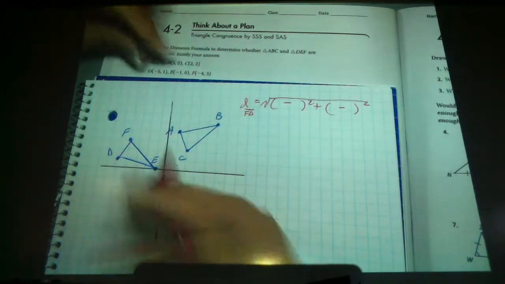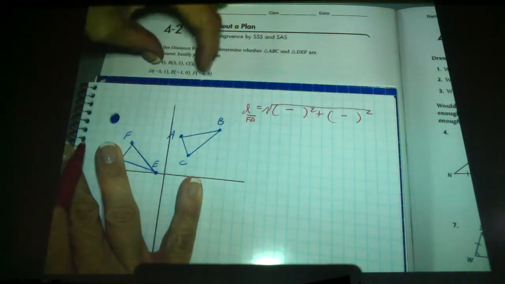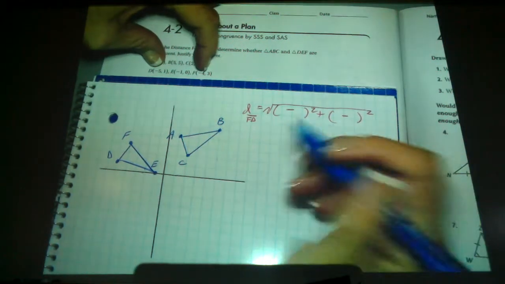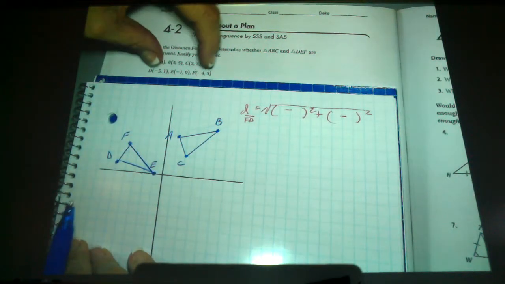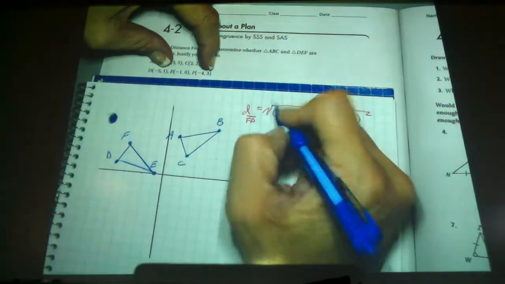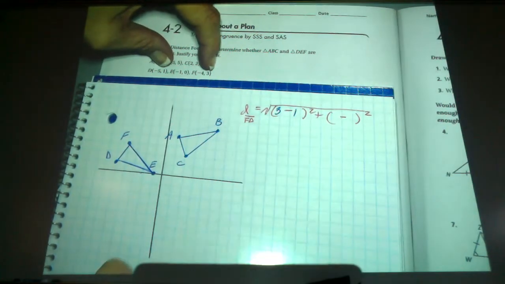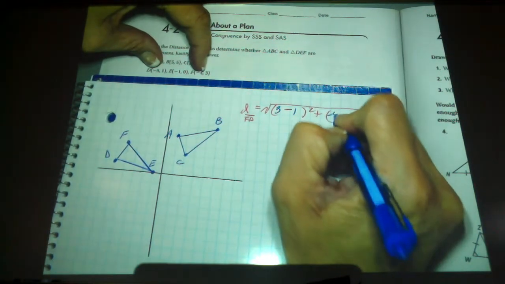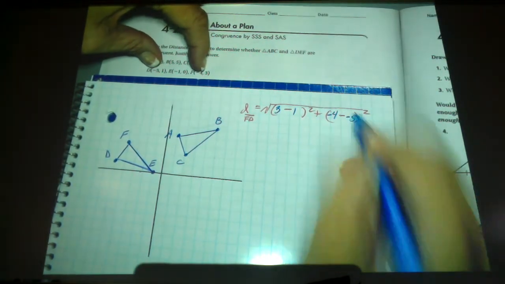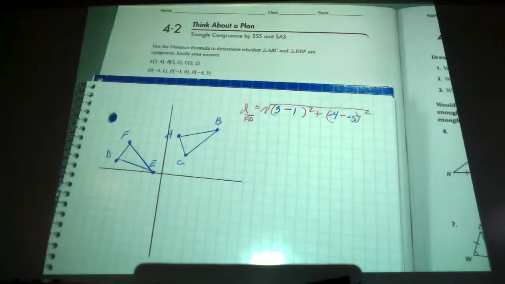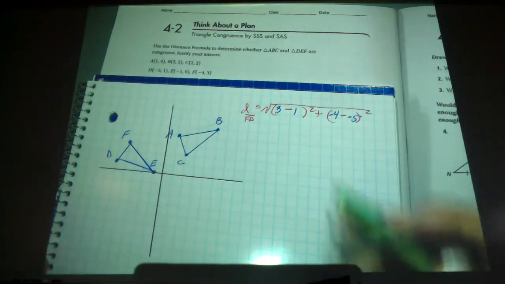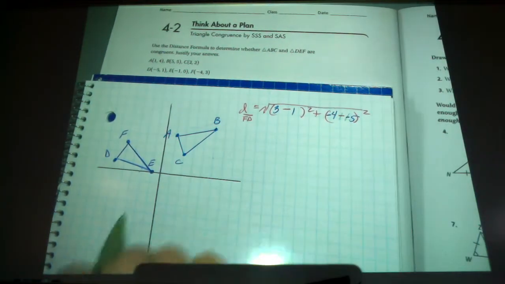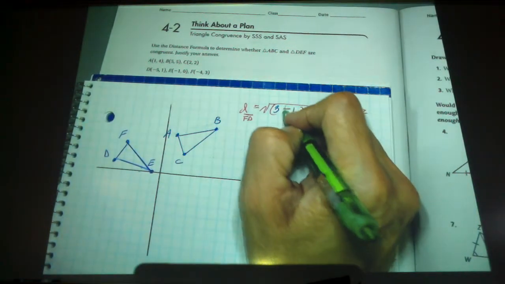So if I'm doing F and D, I'm looking at these, and I'm going to put those in my formula. My y's are 3 and 1, so 3 minus 1. My x's are -4 and -5, so -4 minus -5. That's why you put in your template so that you have a minus-minus situation, take care of any double negatives, and you might want to do a plus-minus.